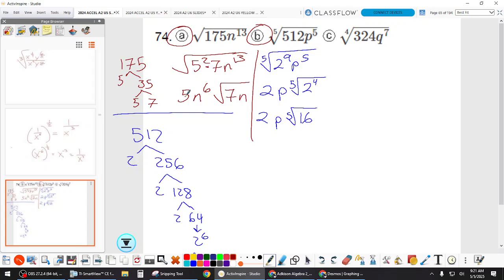Does everybody see that? We took an even root, the 2nd root, and we ended up with 5 to the 1st power. So it's the equivalent of doing this and just writing 2. But is that just 2? No, it could be negative 2, right?